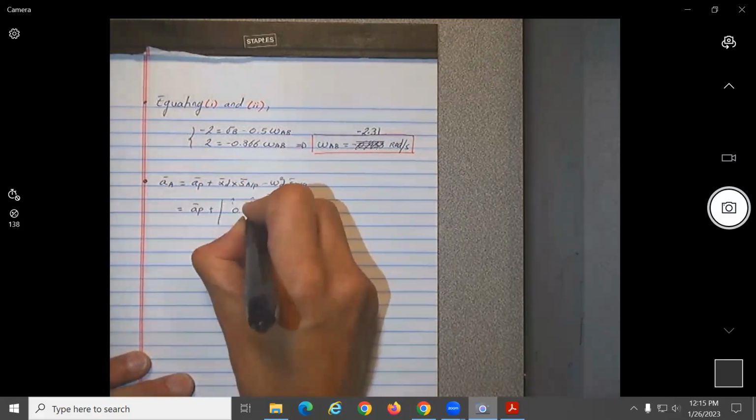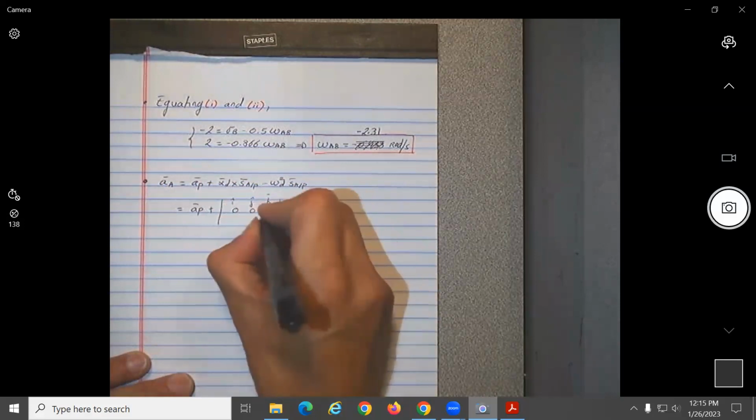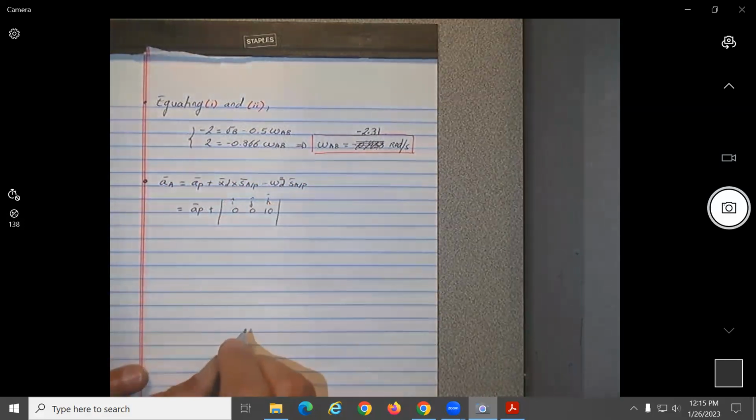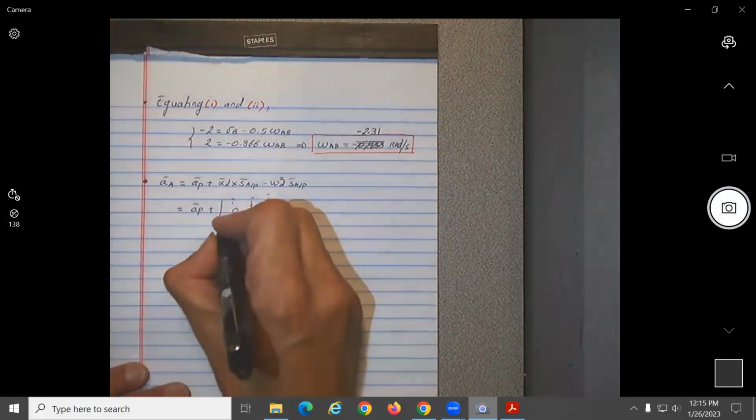What is the value of alpha of the disk? 10. And then you can use the same as before, position of A with respect to P.